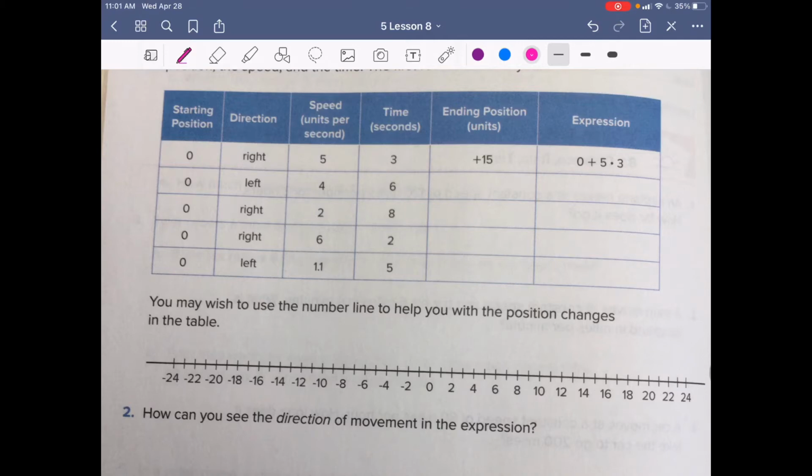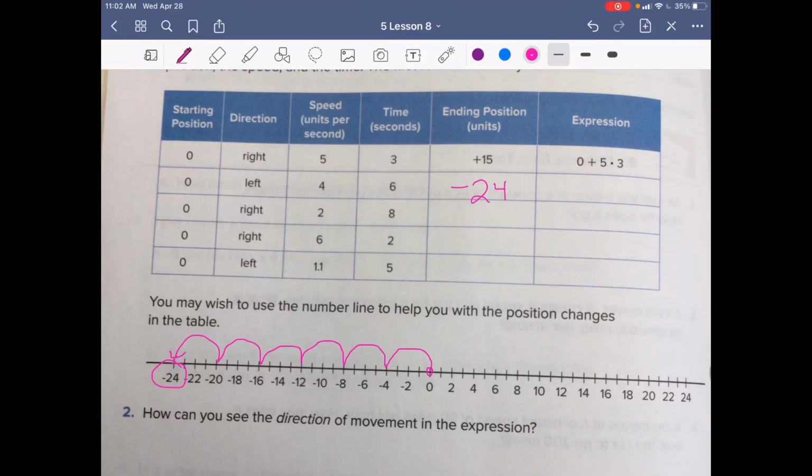So now we're going to be moving left 4 units per second for 6 seconds. So starting at 0, we're going to go 4, that's once, go 4 again, twice, 4 more, that's 3 times, 4 again, that's 4 times, 4 one more time, for 5, and once more for 6. So our ending position is at negative 24.